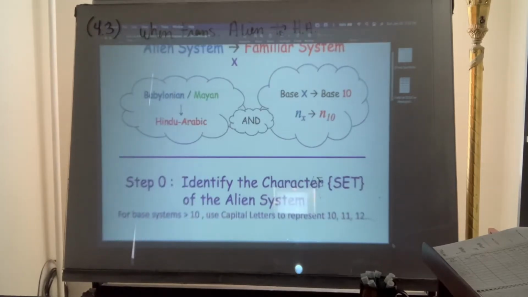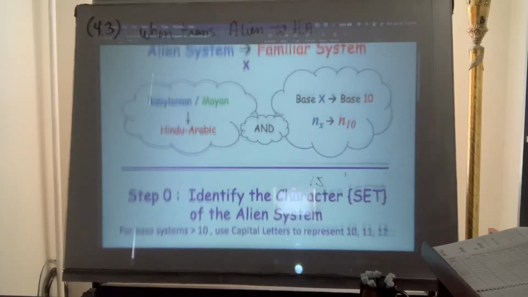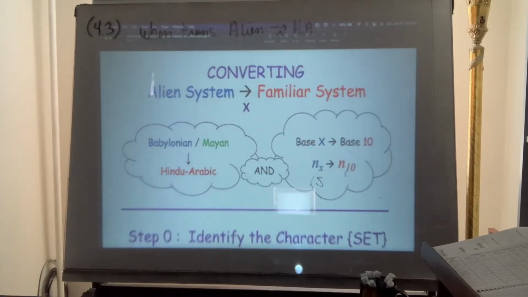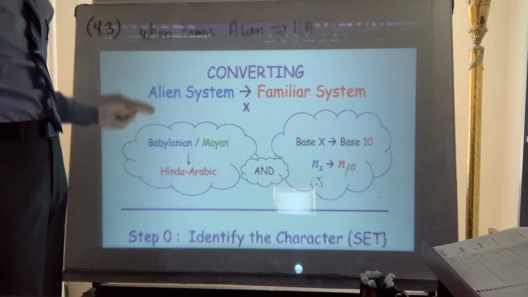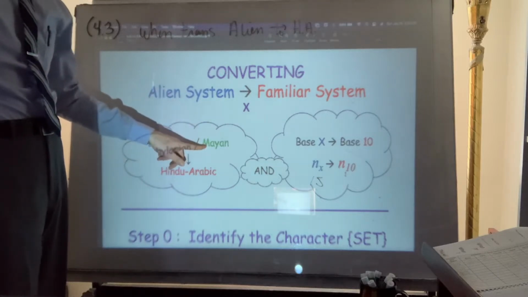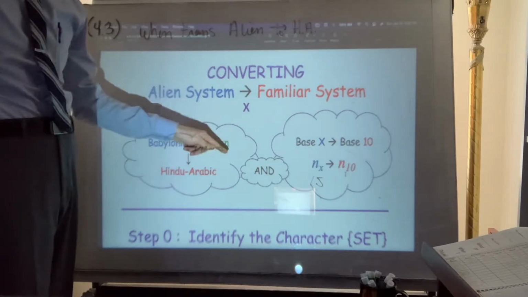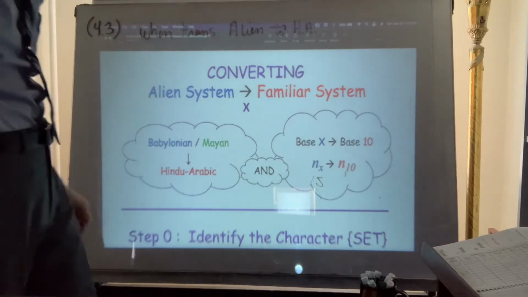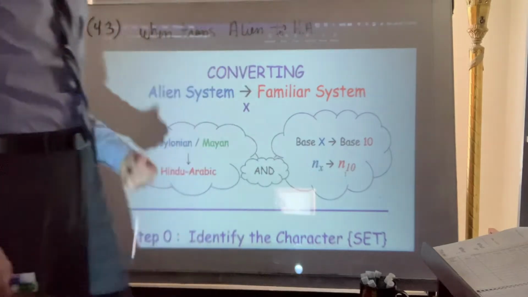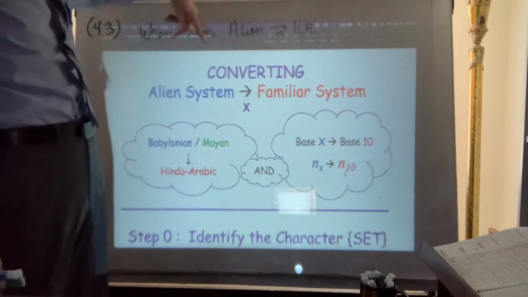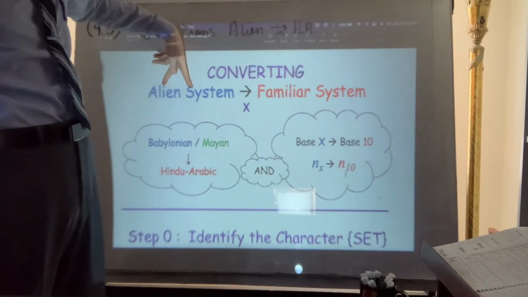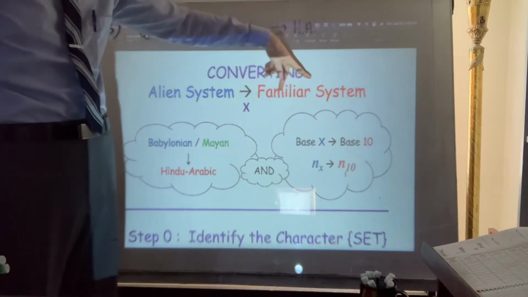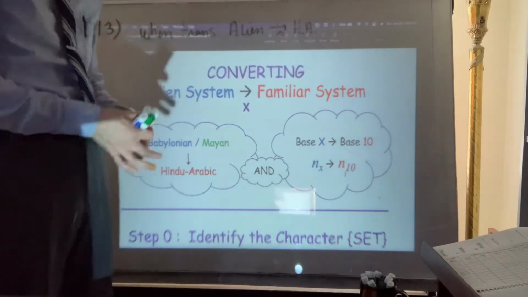I'm still going to be using this basic idea, only now the alien system is not limited to Babylonian and Mayan. It might be binary, octal, or hexadecimal, or some other base system. Anyhow, the idea is going from whatever the alien system is to our familiar system of Hindu Arabic.